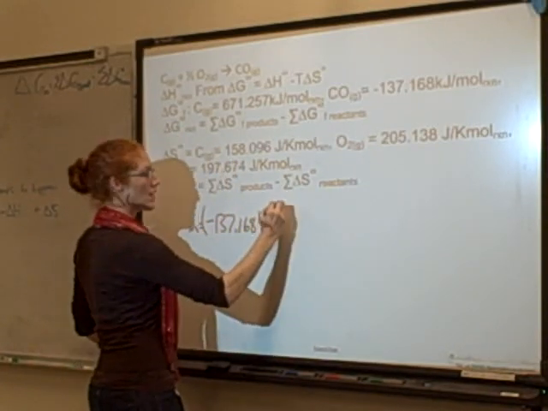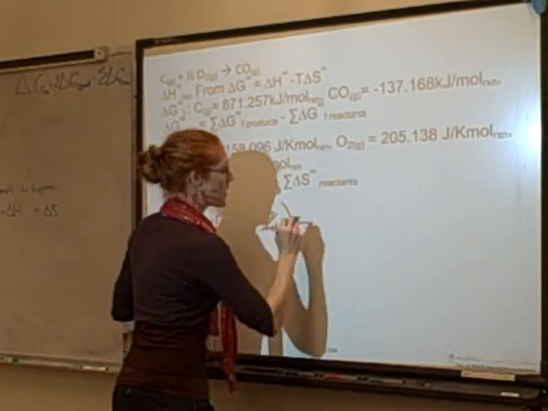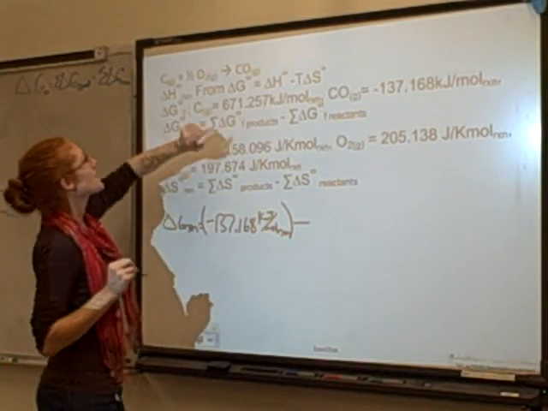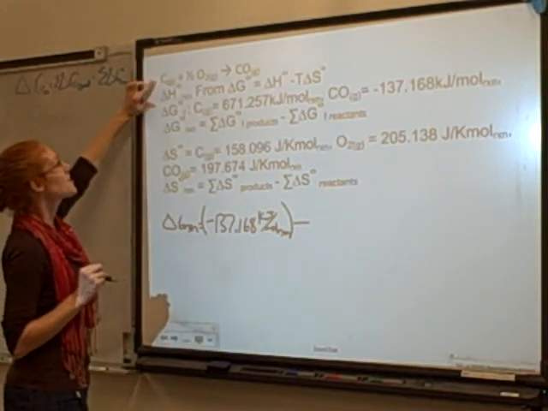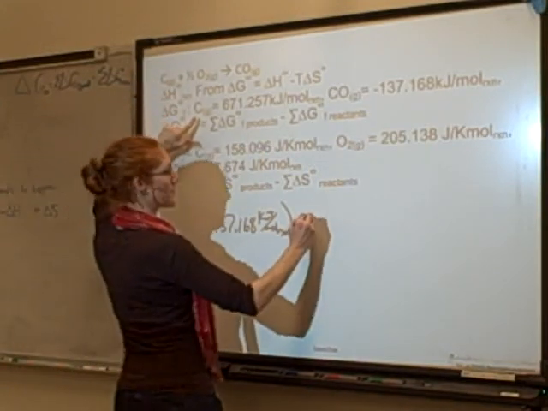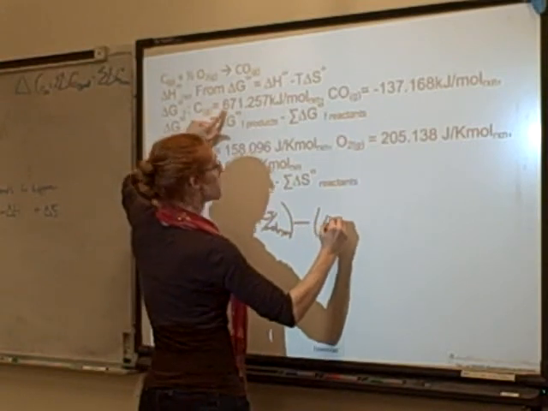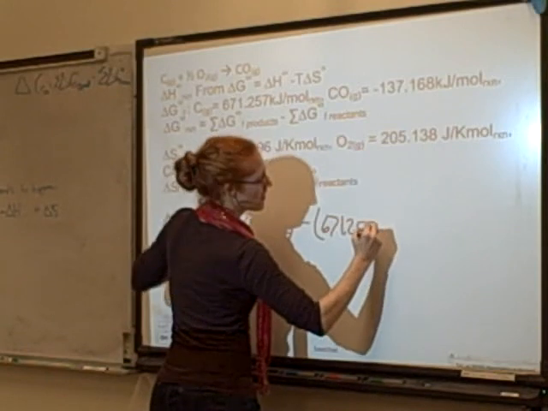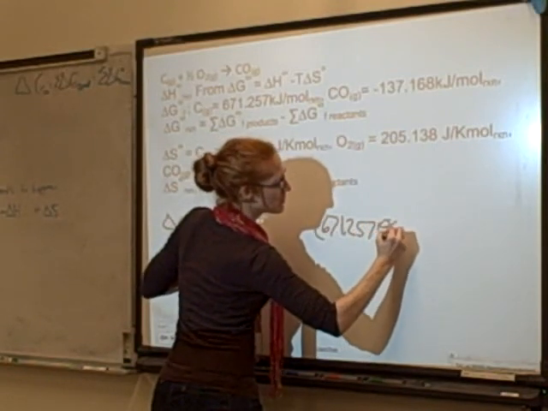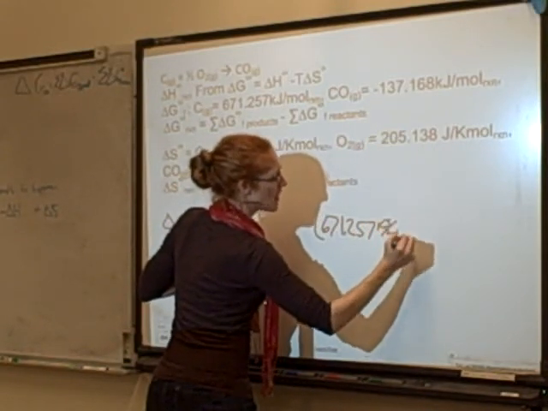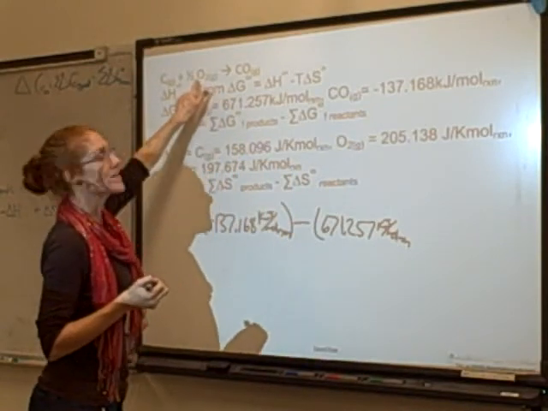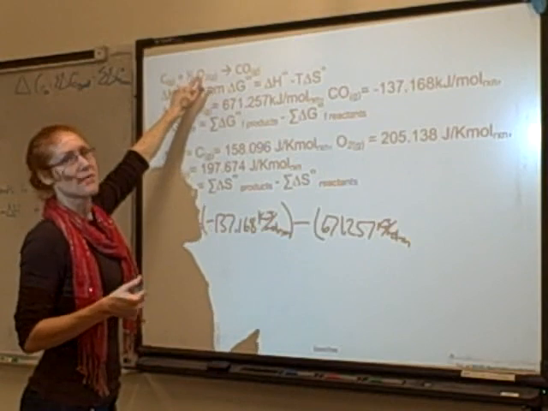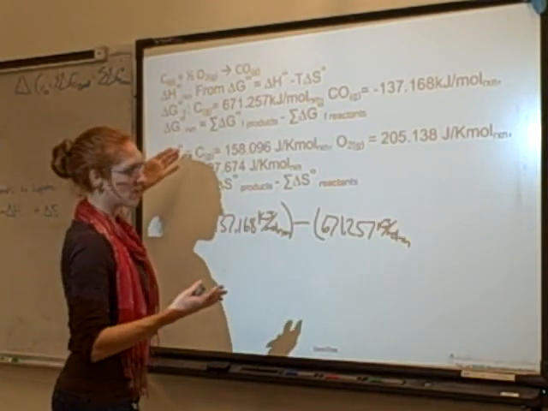Okay? So Gibbs of products minus the Gibbs of the reactants. And the reactants I have are carbon gas, and to form carbon gas, that's going to be 671.257 kilojoules per mole of reaction. And I'm also forming half a mole of oxygen gas, but I'm forming it from oxygen gas, so the Gibbs of formation of oxygen gas from oxygen gas is 0, right?